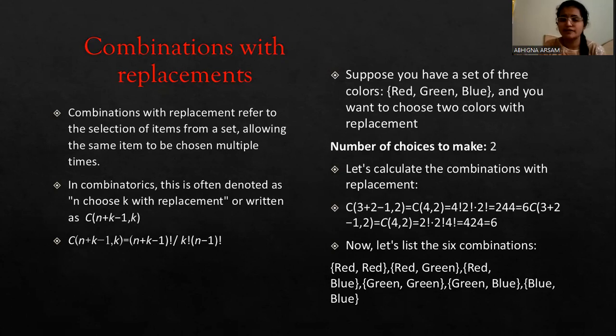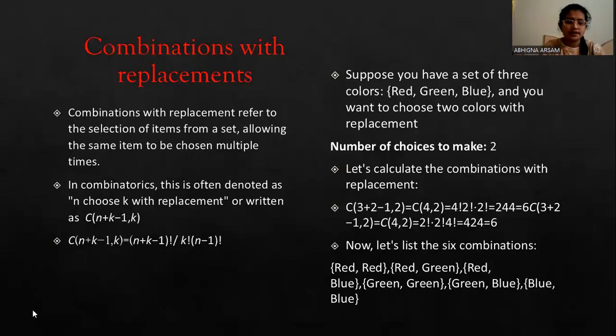From the formula we want to find C(4, 2), that is 4 factorial by (4 minus 2) factorial times 2 factorial. Here we will get 6 combinations: red red, we can take two similar colors at a time, red green, red blue, and so on. Like that we'll get 6 combinations.